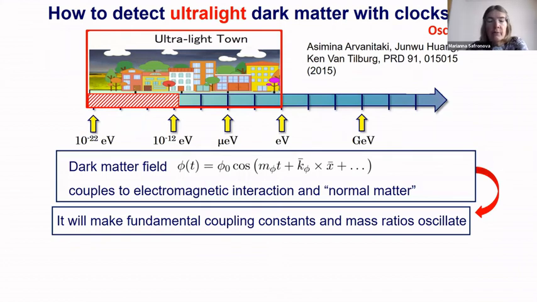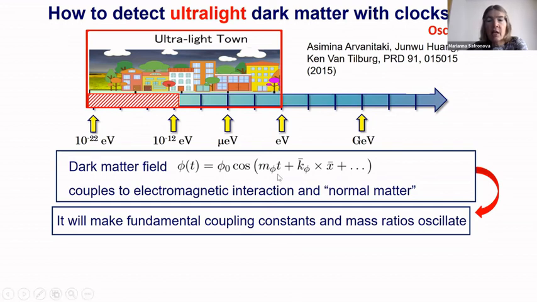So the first question, why there is an effect and what the frequency would be. Your coupling is you simply multiply this field to your F mu nu term of the Lagrangian. So that's the answer to the first question as to why there's an oscillating effect and what is the frequency.